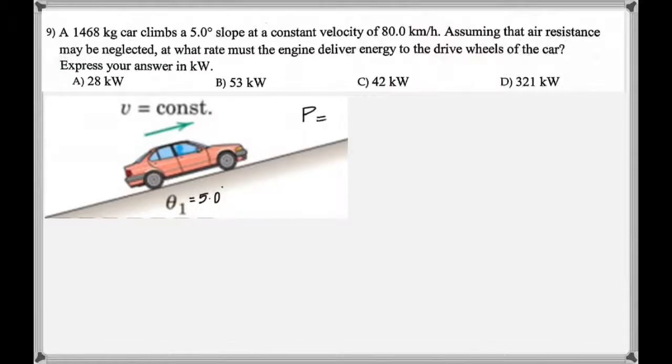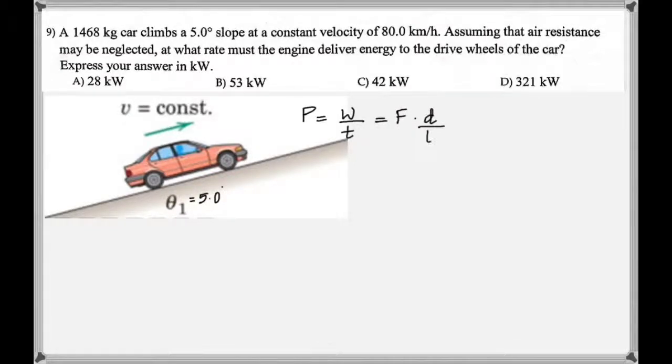That's a picture. Nice one, right? So the car is driving up that slope, that incline, 5 degrees, and you're asked to find the power, because it says at what rate must the engine deliver energy. So the rate of giving energy is the rate of doing work, which is power. So power is work over time.